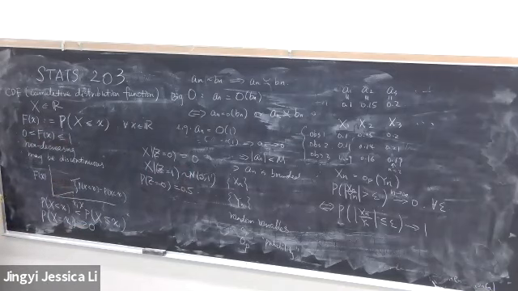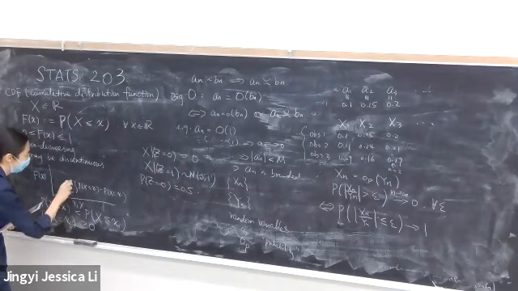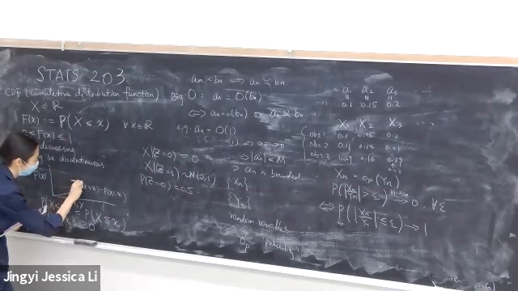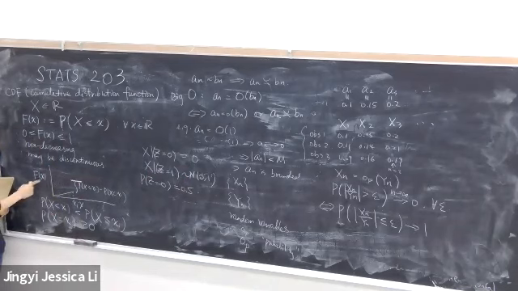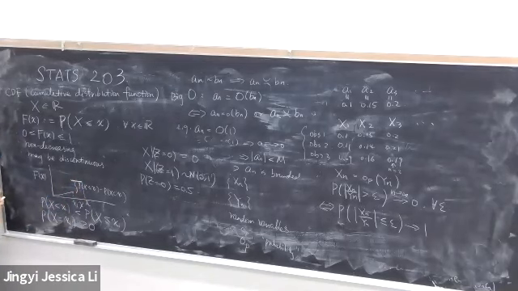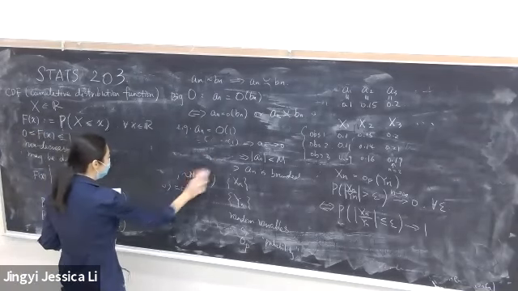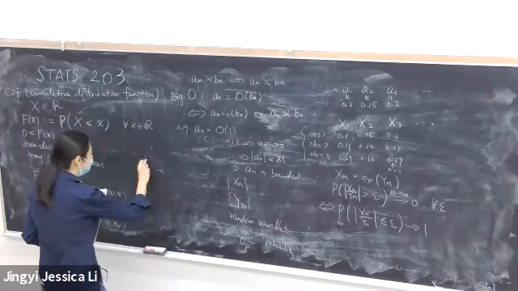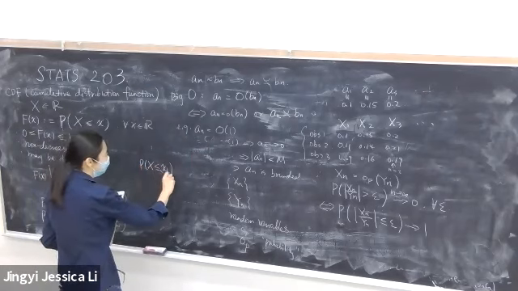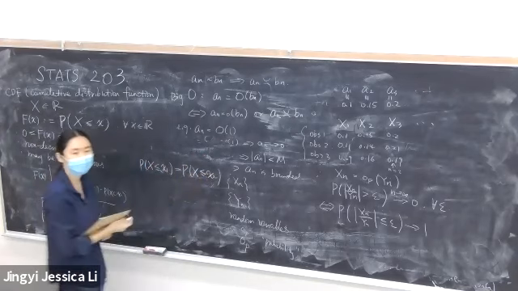And also, sometimes we may have a flat line here. It means that if you increase your x, your F_X stays at this value. So what does this mean? Let's call this x2. When this happens, it means the probability that X is less than or equal to x1 is equal to the probability that X is less than or equal to x2.